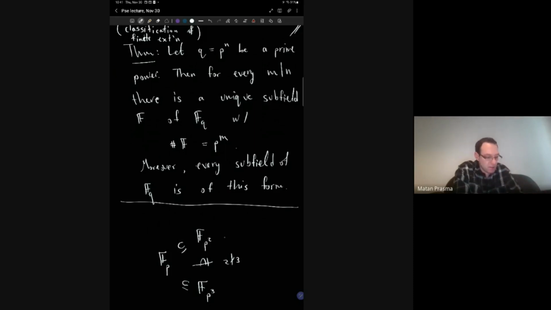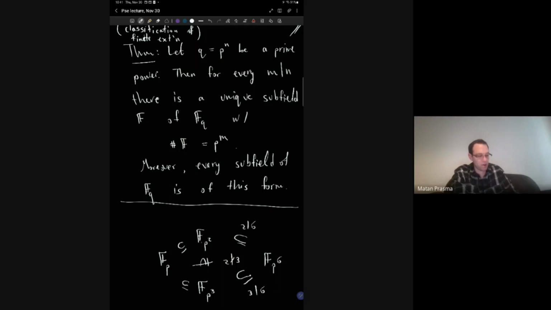However, I could go for F_p to the 6. And F_p to the 6 does include F_p to the 3 because 3 divides 6. And it also includes F_p to the 2 because 2 divides 6.